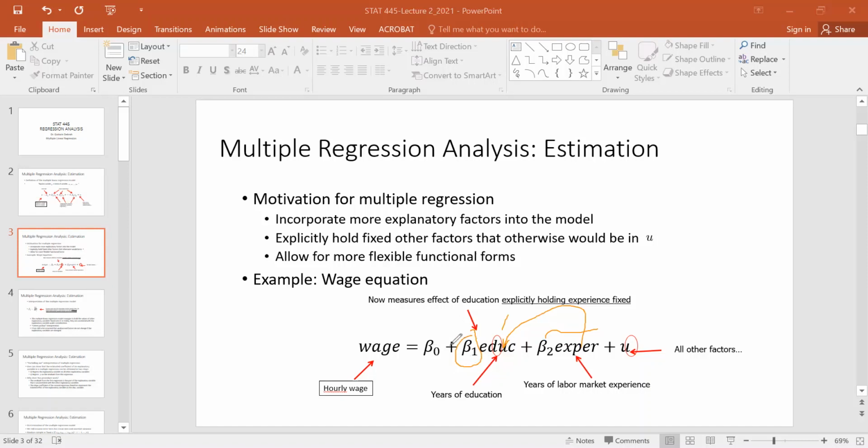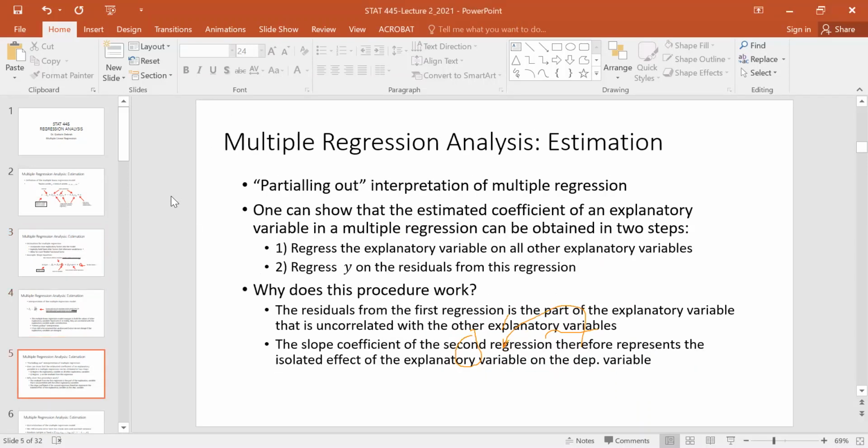So in order to get beta 1, there is another way you can think about getting it, and we call it the partialing out interpretation. If you really want to get the impact of education without any form of spillover effects from other variables. So read this slide slowly and think about it. Partialing out interpretation of multiple regression.